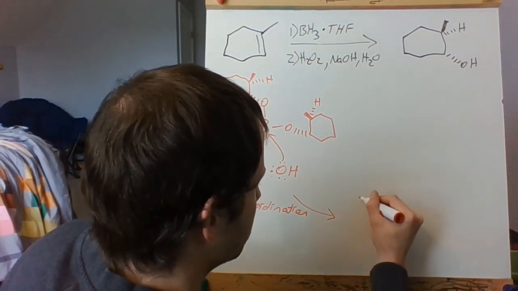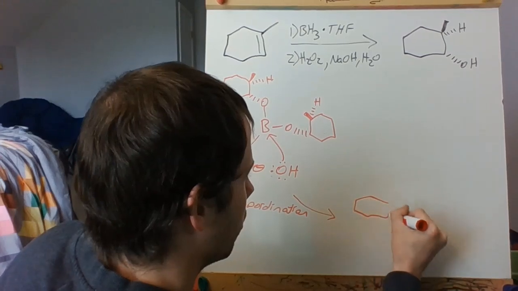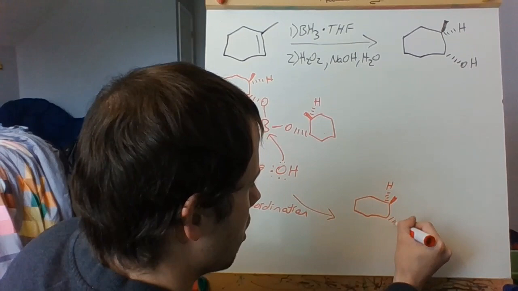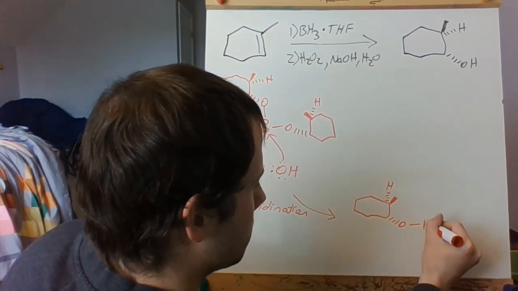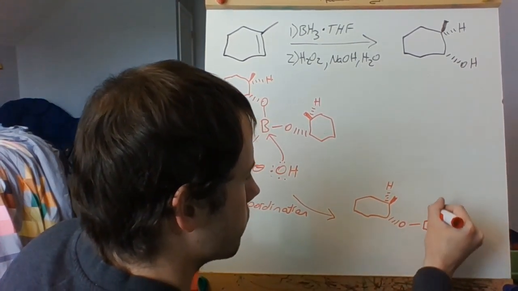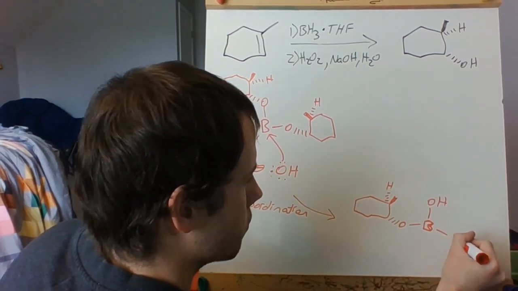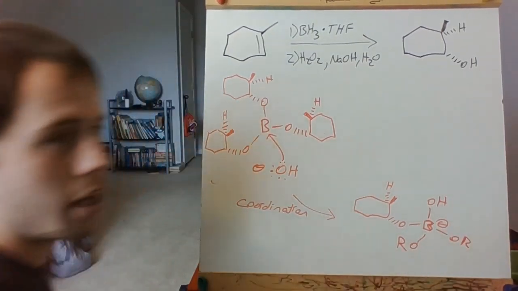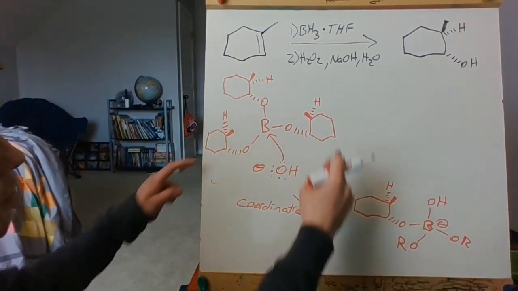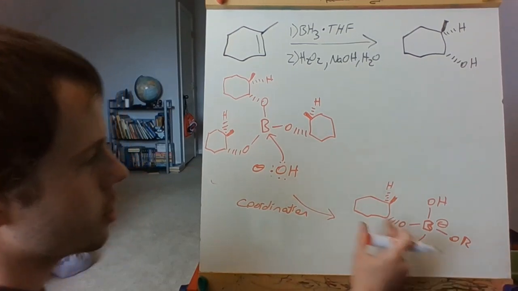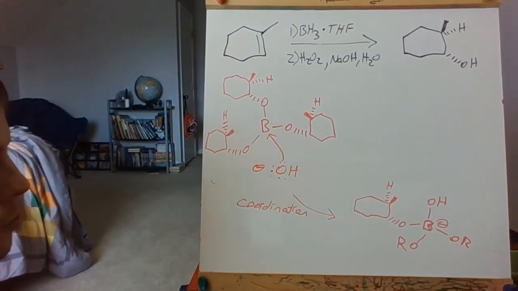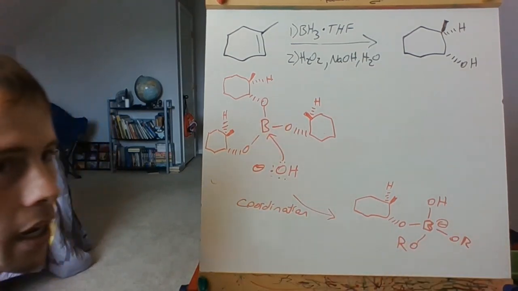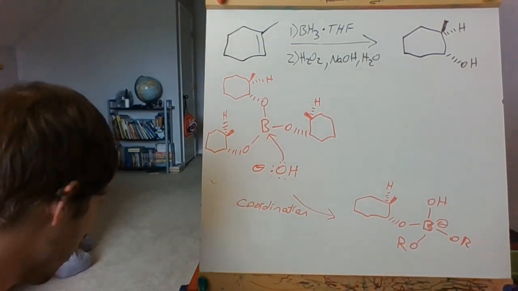And that gets us to something that looks like this. So notice I represented 2 of these groups with R's. I only drew out 1, so I don't have to draw them all out. We gave electrons to our boron, and so now it has a negative formal charge.